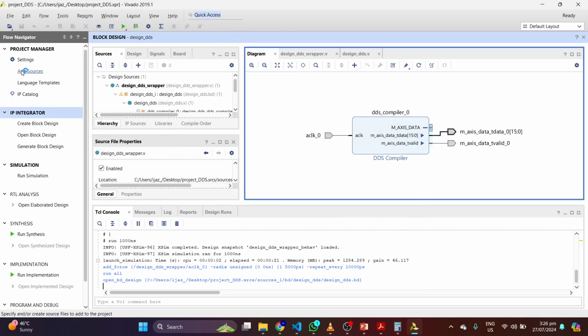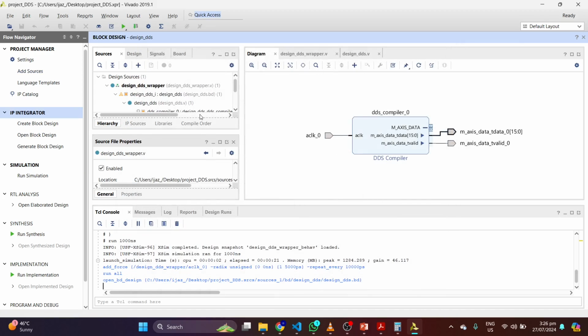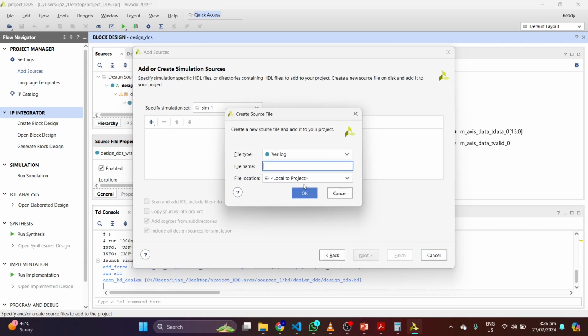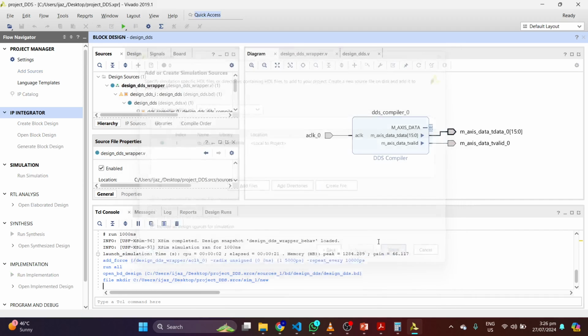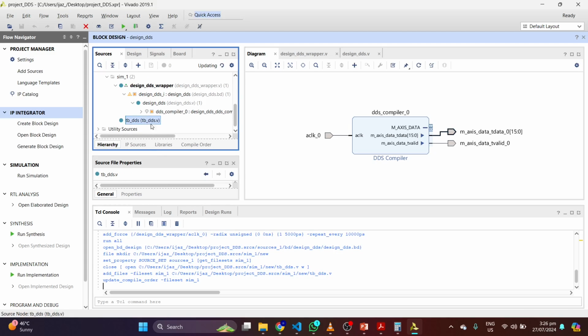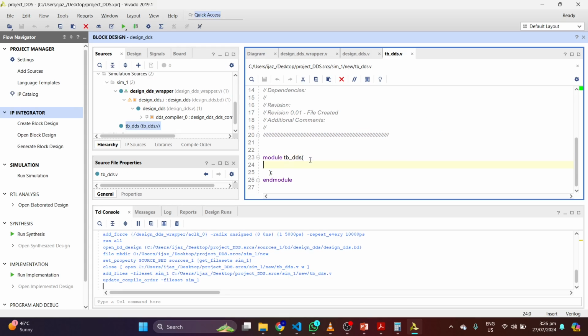Okay, the second method, I will show you how you can write a test bench for it. I will just select the video test bench TB of DDS. You can see how I can write a test bench for this module.